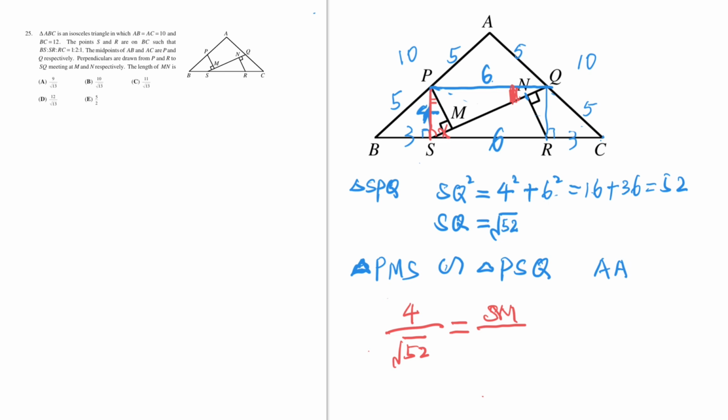Opposite PQS is PS, that's the 4. So cross multiplying, SM times root 52 equals 16. SM equals 16 over root 52.